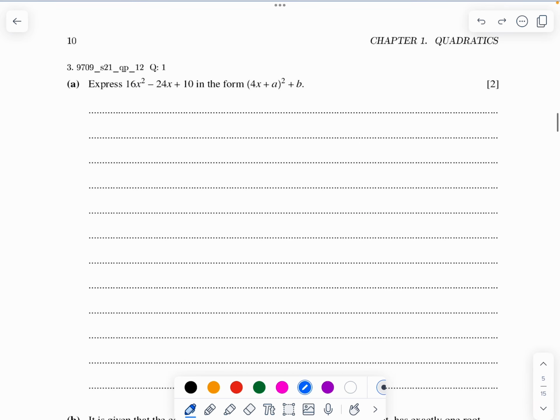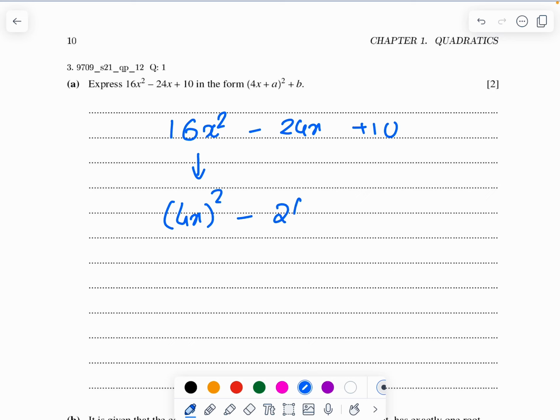Now coming to the next question, question number 3 is the expression in completing square form. So what is that? 16x square minus 24x plus 10. 16x square can be written as 4x whole square minus 2ab plus b square, plus 10 for the moment.